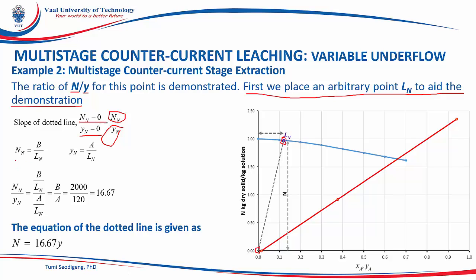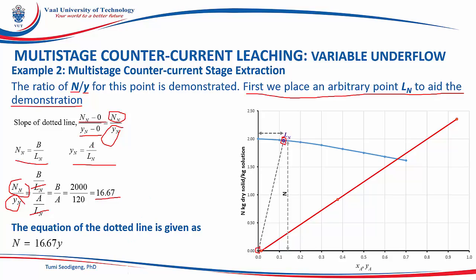We know that Nn is equal to B over Ln, and yn is equal to A over Ln. If we take Nn and divide by yn, we can cancel the Ln, and we end up with it just being B over A, and we know what A is and we know what B is. Then we can calculate that given slope of the dotted line as 16.67.